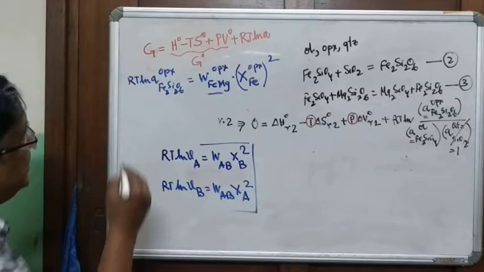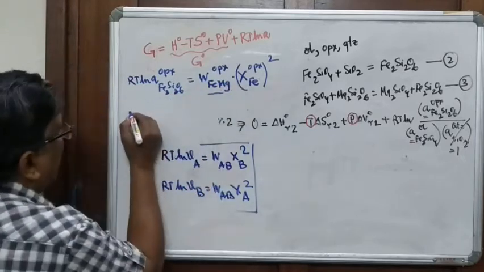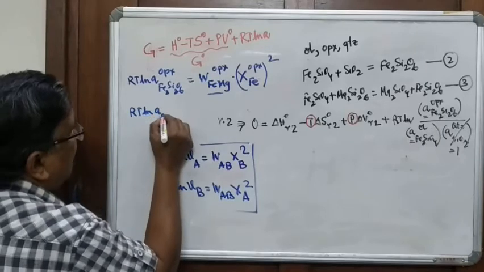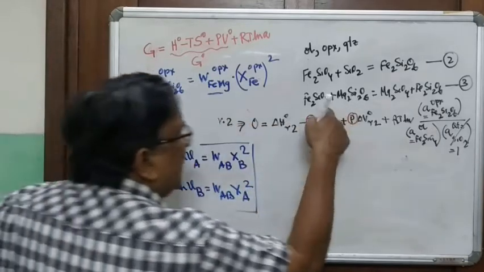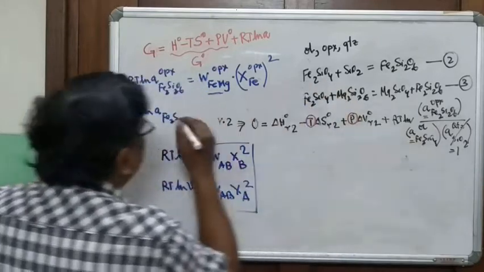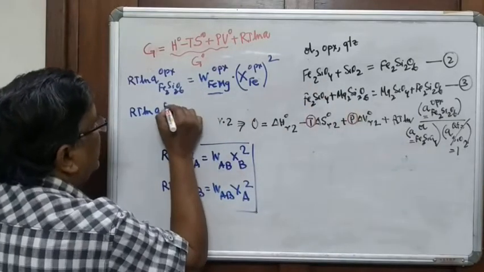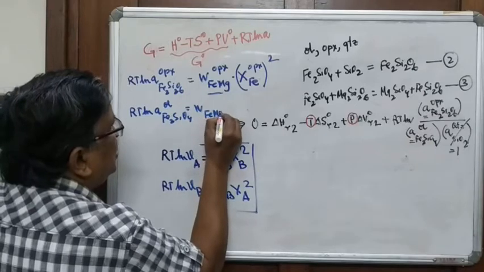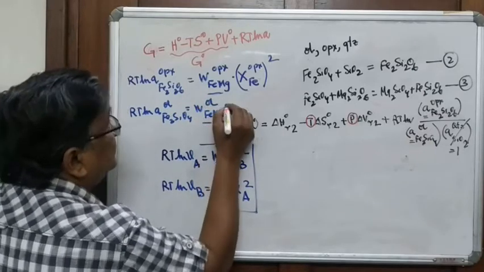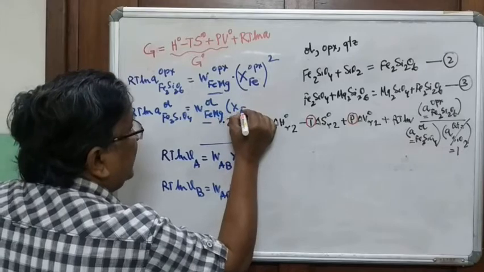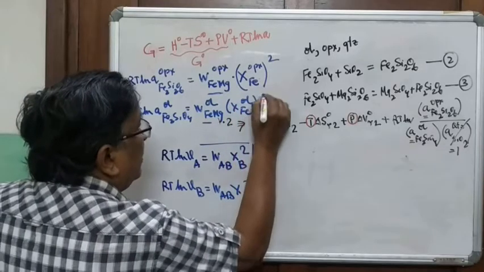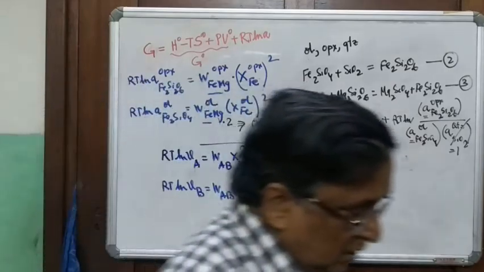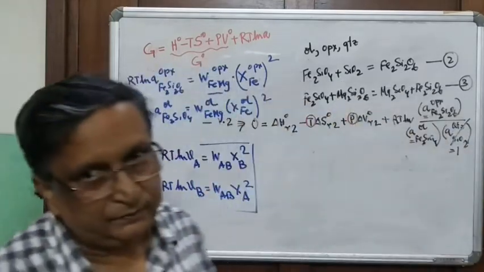Right? And similarly like this, I would find RT ln activity of Fe2SiO4 in olivine is equal to W Fe-Mg olivine, this is known, into X Fe in olivine whole squared.